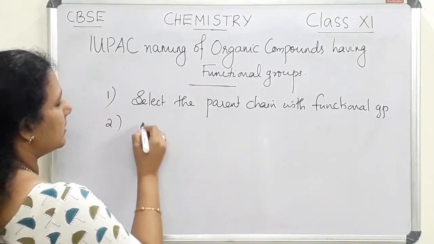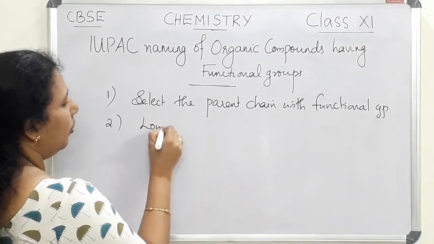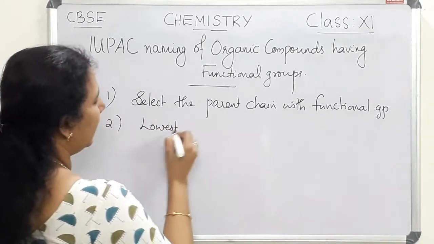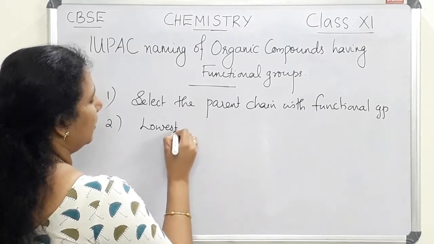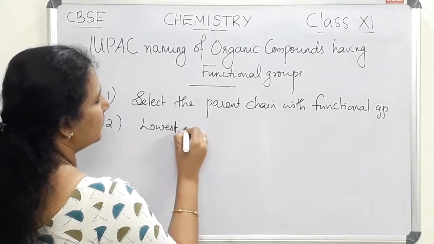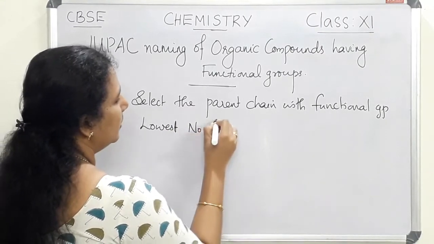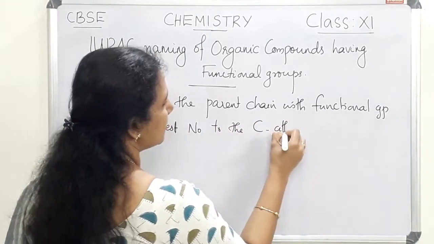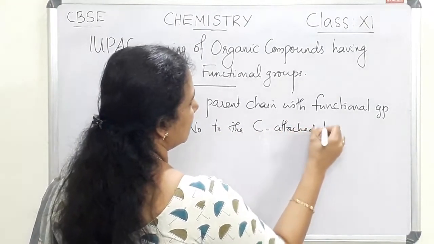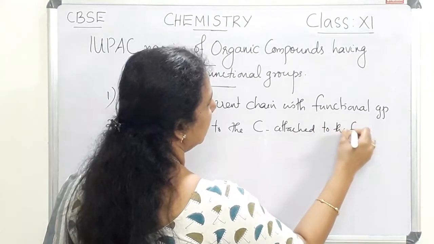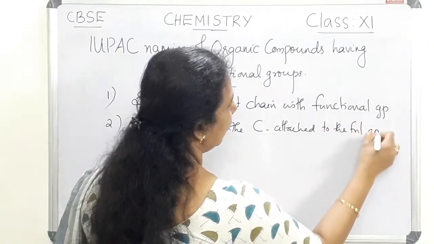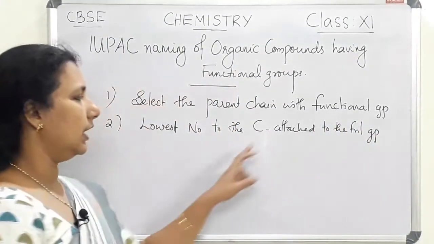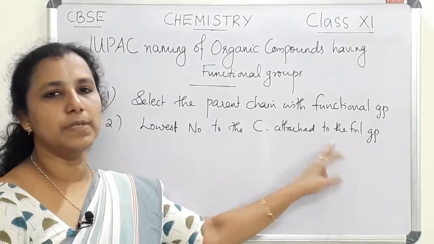Then the second rule is lowest number. When we are allocating the numbers or locants, we have to give the lowest number to the carbon attached to the functional group. So the lowest number should be given to the carbon atom where the functional group is attached.